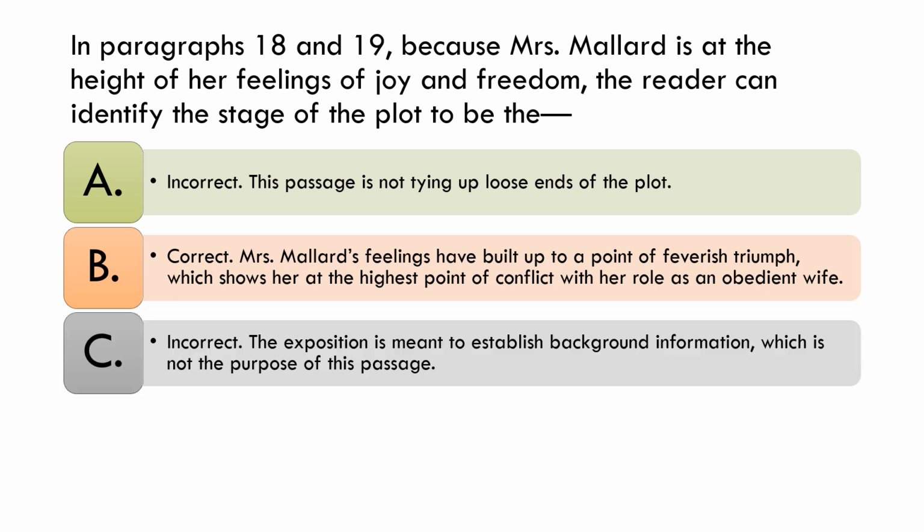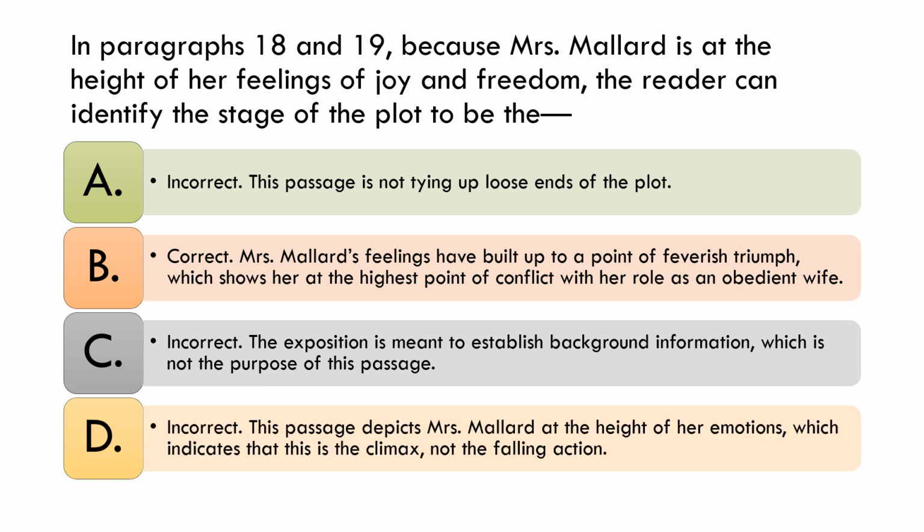C, incorrect. The exposition is meant to establish background information, which is not the purpose of this passage. D, incorrect. The passage depicts Mrs. Mallard at the height of her emotions, which indicates that this is the climax, not the falling action.